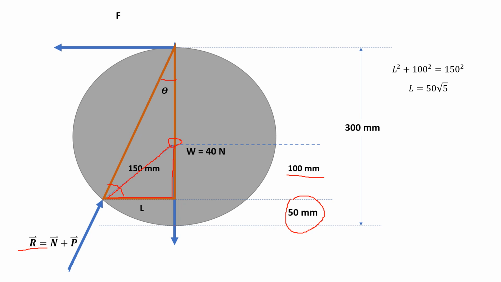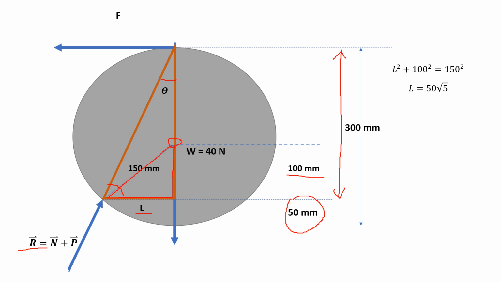Note that we already have one side of the triangle, which is L. And this larger length of the triangle, from this point up to this point, would be 300 minus 50.